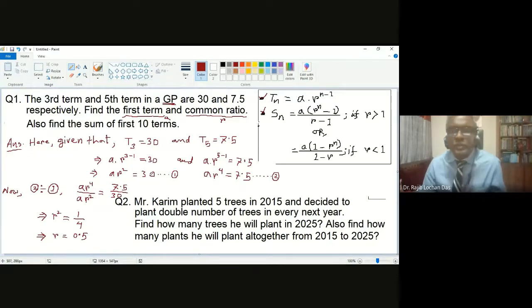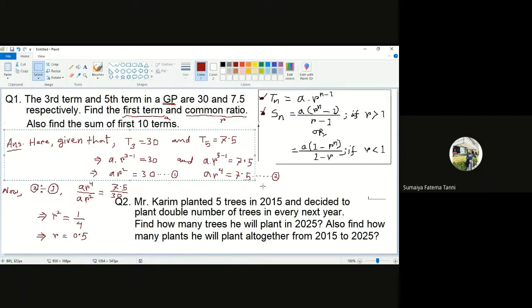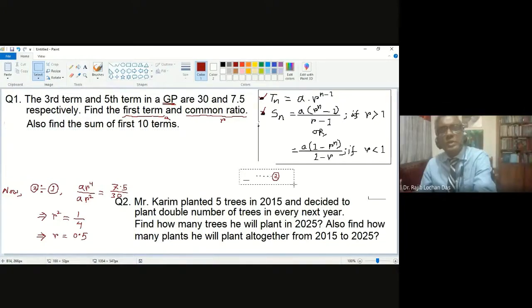If you put the R value in number 1, then A will come. So I am erasing this part. Is that okay? Everyone has written that? Yes, sir.